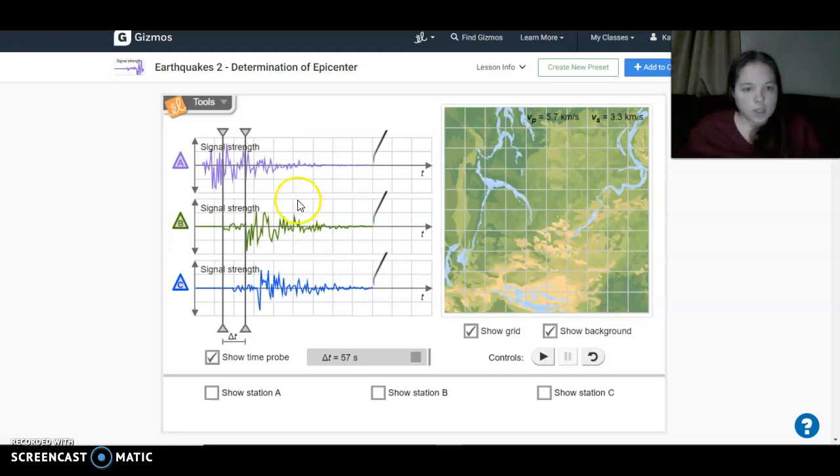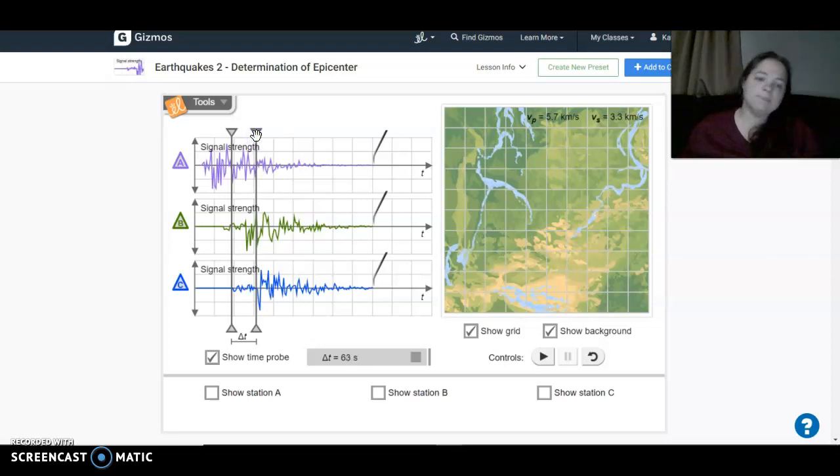And then let's look at C. C is right here. And right about there. It looks to be, yeah, it's about the same. I'll go with 70 seconds. That way it's just a little bit different.